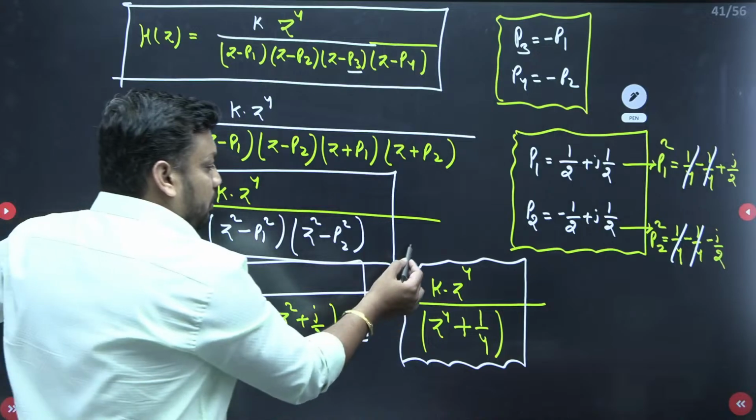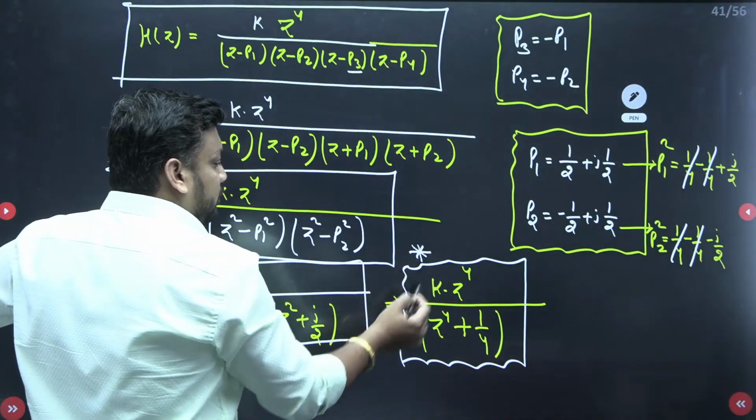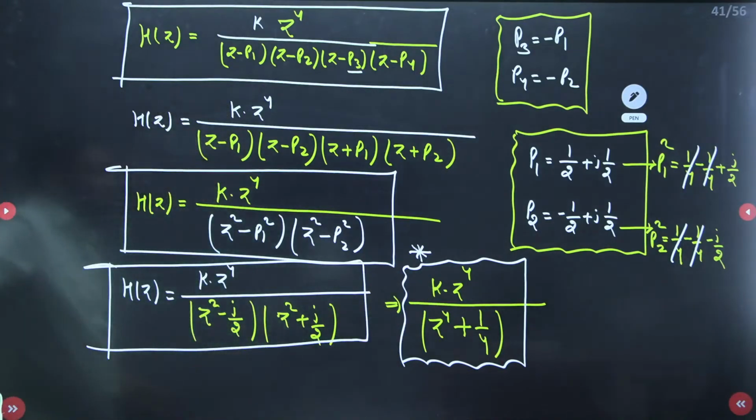All of you just reply fast. Is this crystal clear to you? K·z⁴ upon z⁴ plus 1 by 4. So this is your final H(z) now.